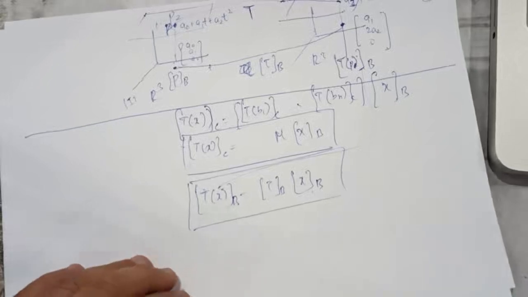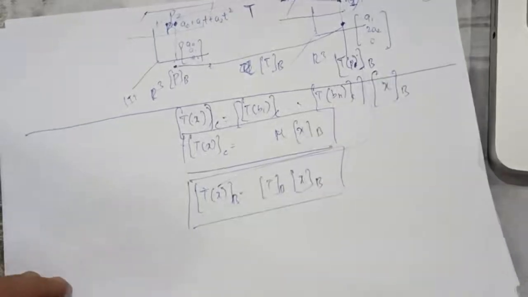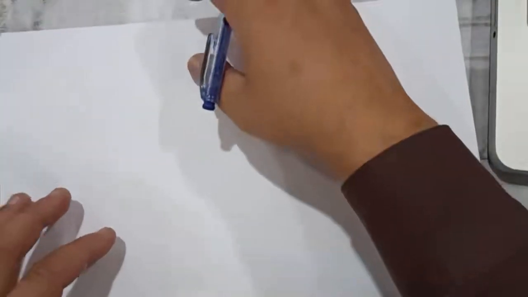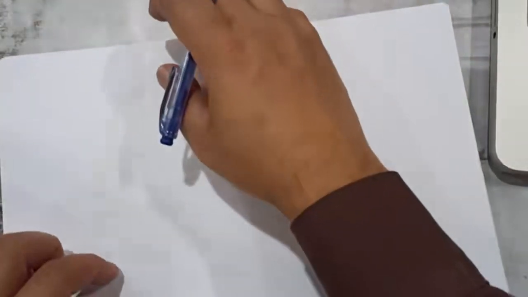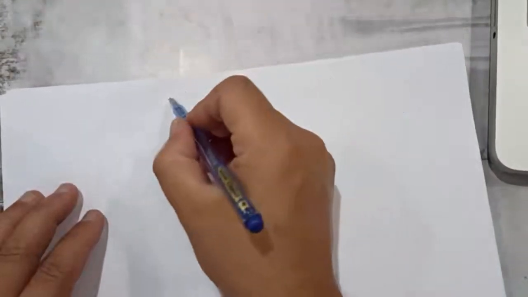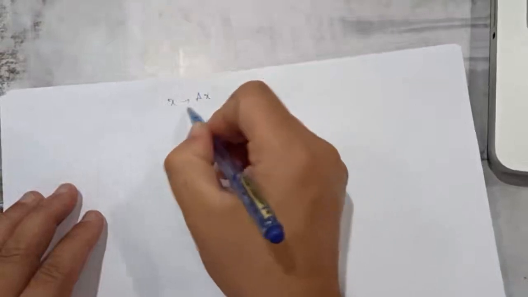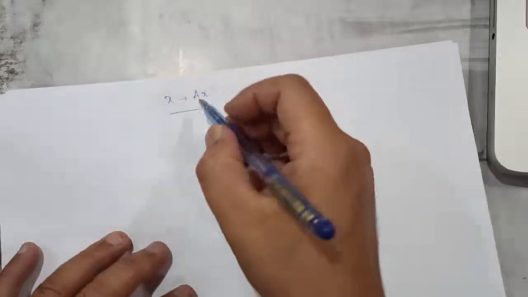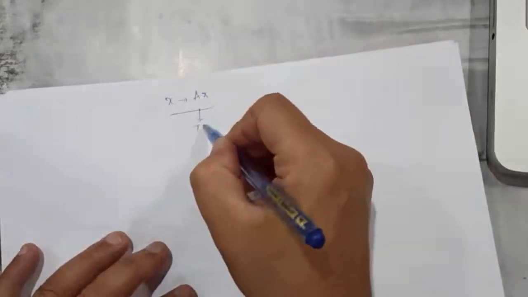Now, generally in problems that involve applications of certain sorts, a transformation first appears as something like this: you transform vector x to A of x. So you normally know that this is actually T of x, right?